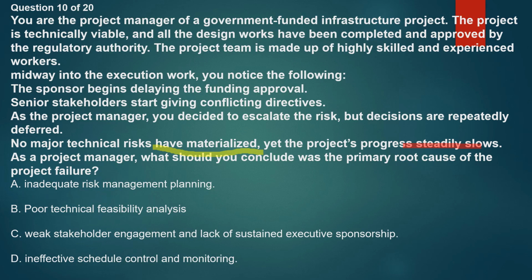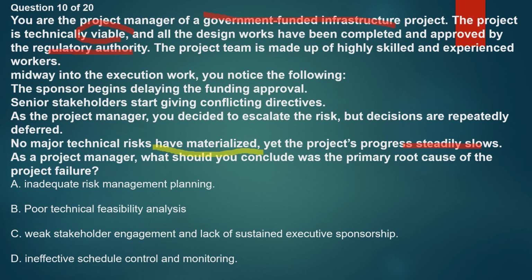This is quite a handful. You are the project manager of a government-funded infrastructure project. The project is technically viable. These are key issues here. And the design works have been completed and approved by the regulatory authority.